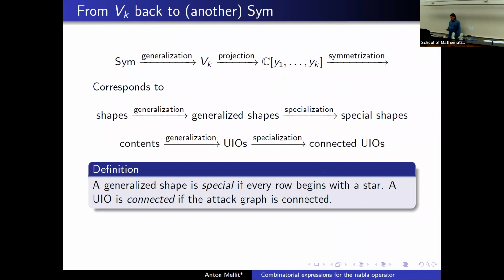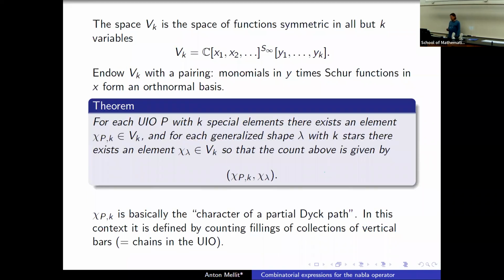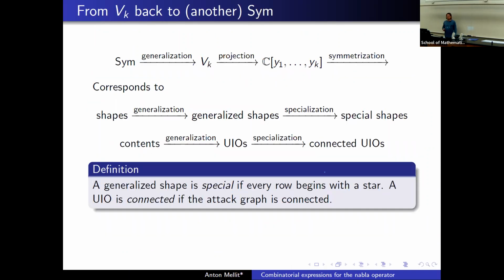So we have this statement. I'm moving towards applications, and then I will give open problems in the end. But doing this, we discovered some new stuff. You can understand it as follows. We have this symmetric function. We have these functions which are not symmetric functions, the elements of VK. This VK is somehow a generalization of symmetric functions: symmetric in all but K variables.